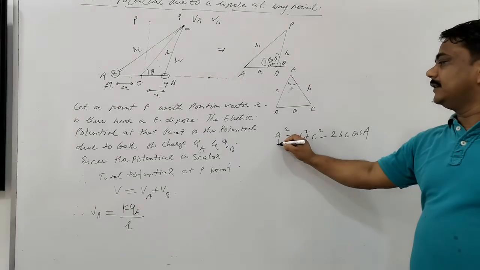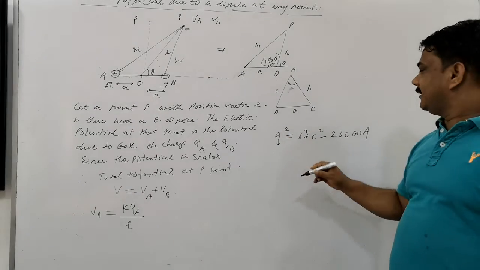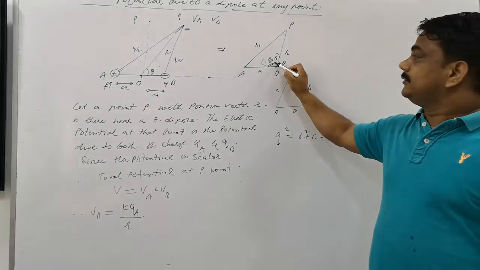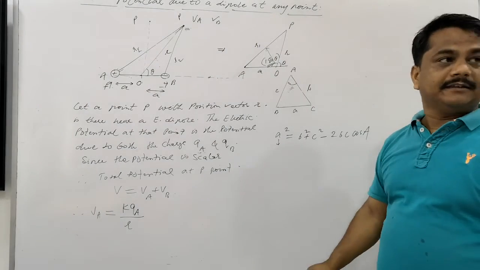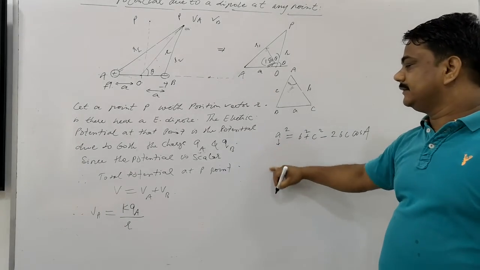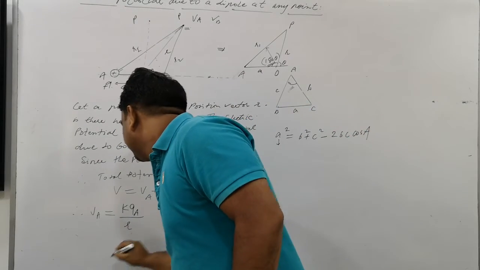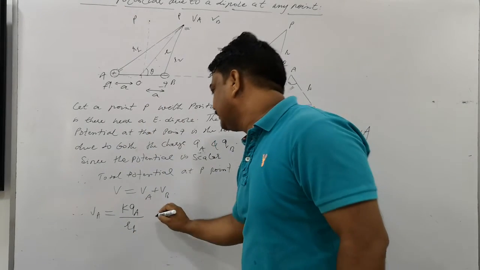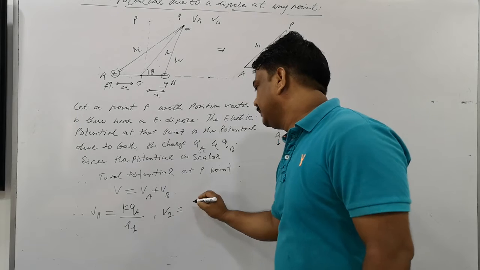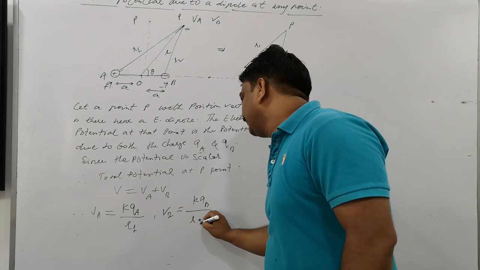So this is that R1 here, a square is equal to, clear. So in the same manner, I'm talking about this angle. So the opposite side is this here. Okay. So what can we speak here? So R1 can be taken as, you will see R1, clear. In the same manner, V2 is equal to K QB divided by R2.